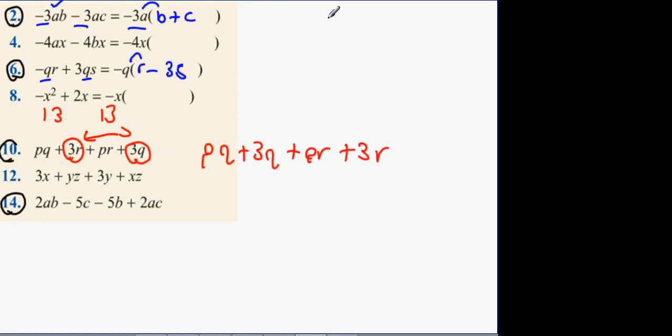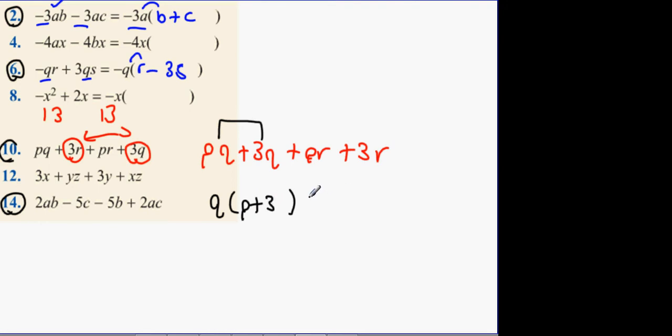Stop there. Now what can we take out of the first two, Stephen? Q. Q into? PQ plus 3Q. Sorry, I just can't remember. Okay, that's alright. Q into P plus 3.